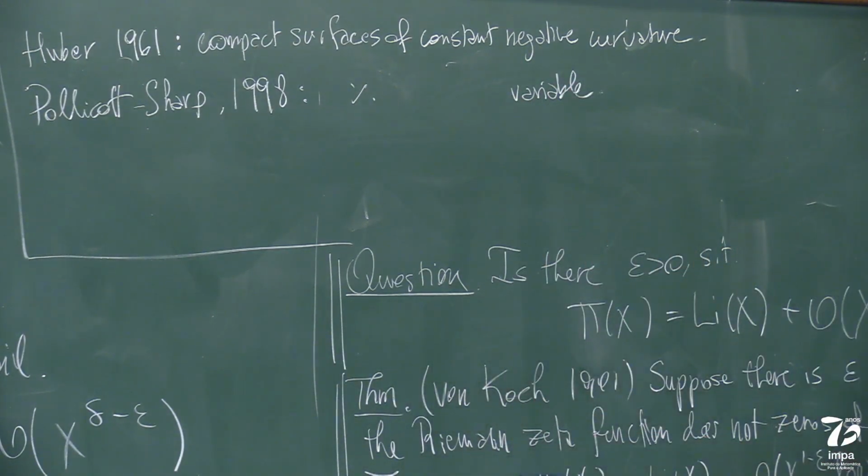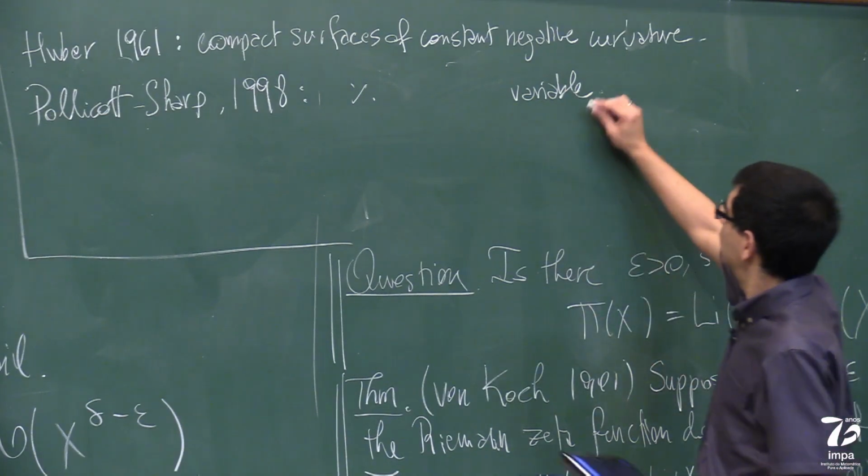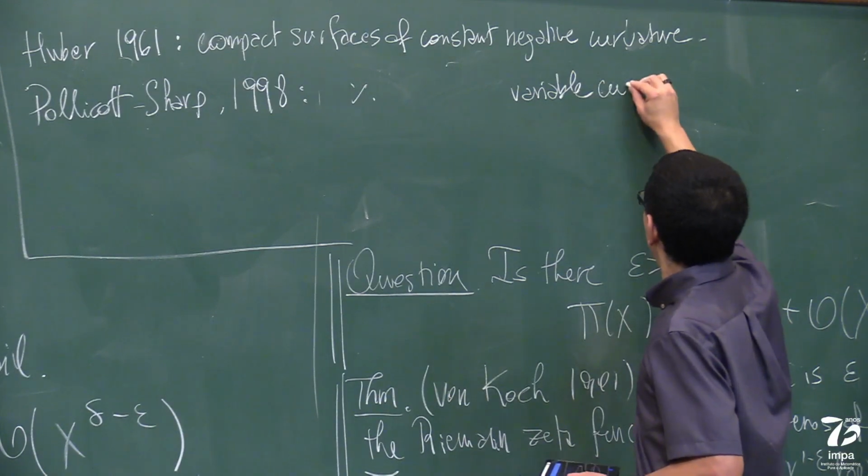Margulis proved in his PhD thesis in the 1970s the prime number theorem, but without the error term. And it took a long time to establish the error term for variable curvature, which is somewhat closer to the hyperbolic case.